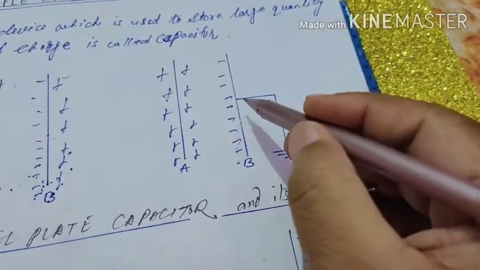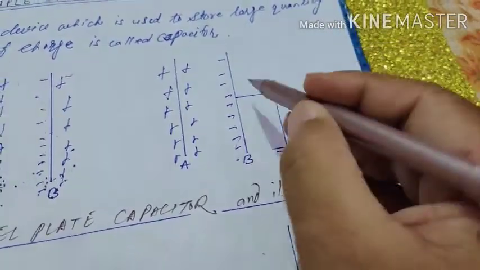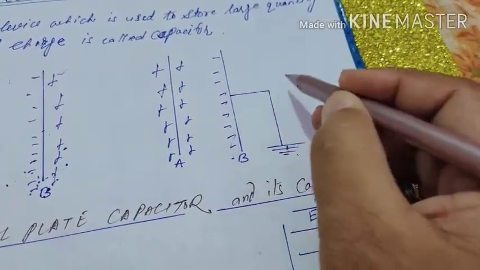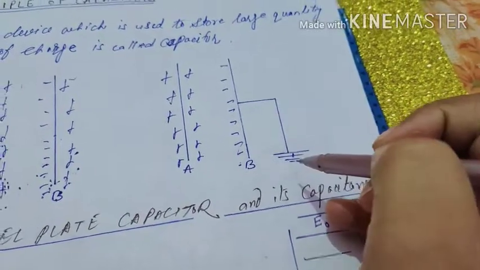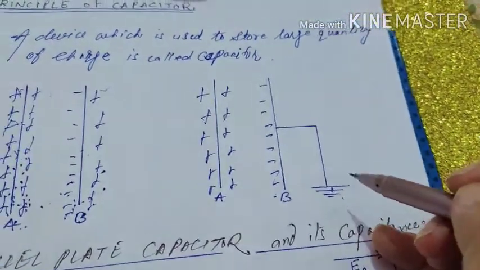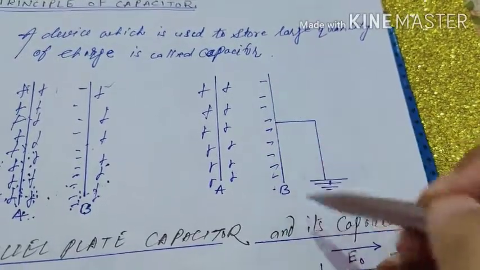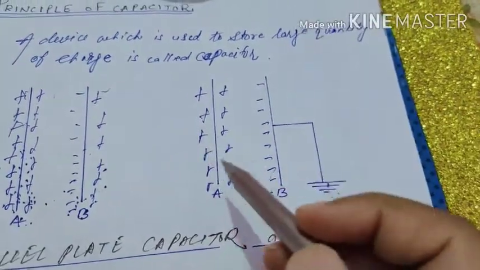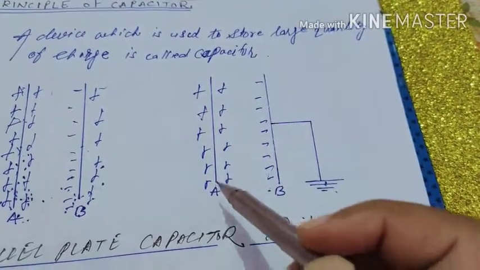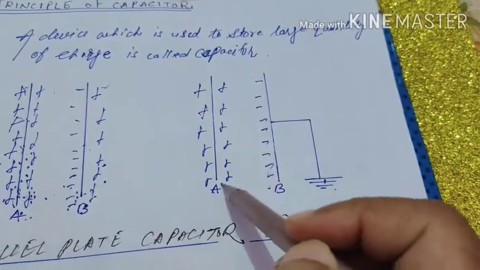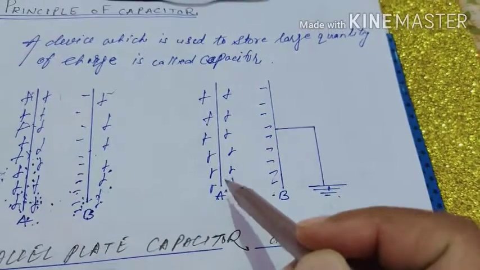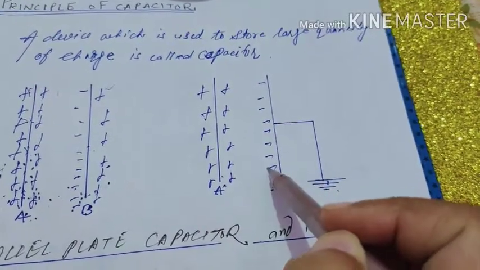But when you connect plate B to the earth, the whole of the positive charge will flow to the earth. Sometimes students ask why the positive charge flows to earth and the negative charge stays back. This is because of the positive charge of plate A. As a large amount of positive charge is there, it will attract the negative charge.